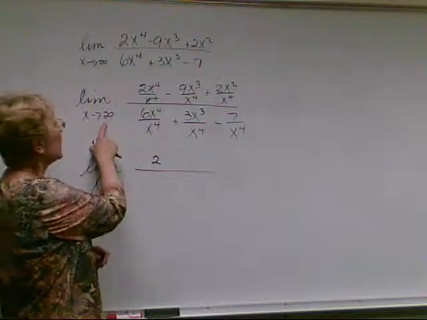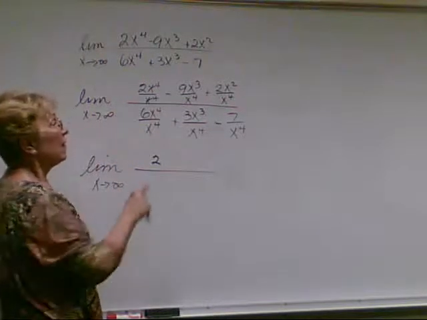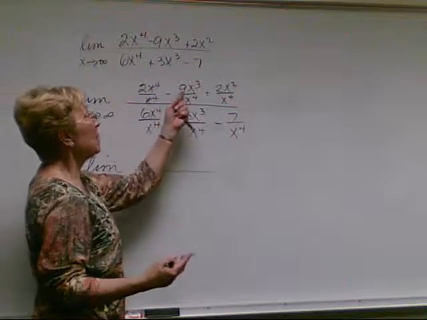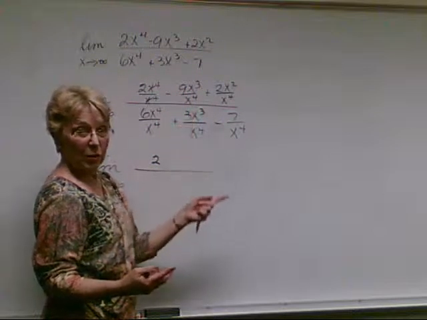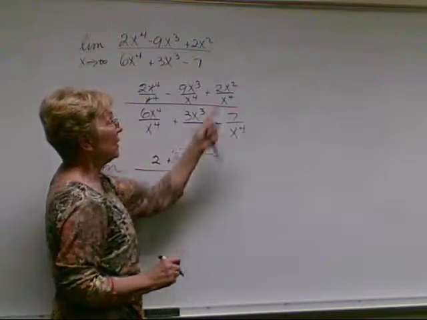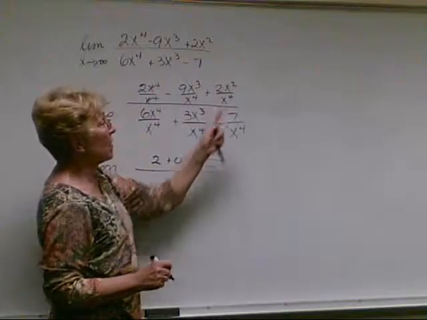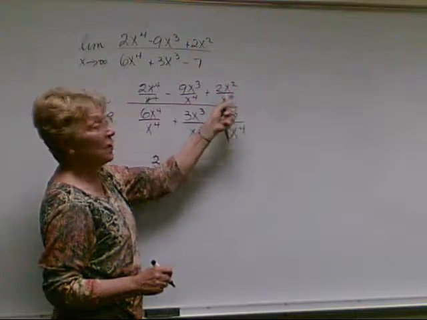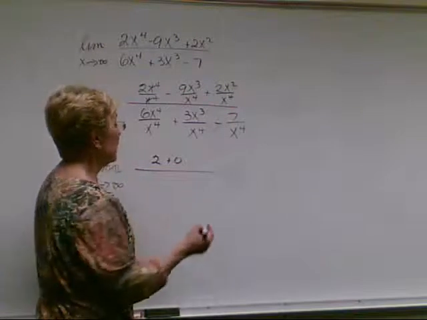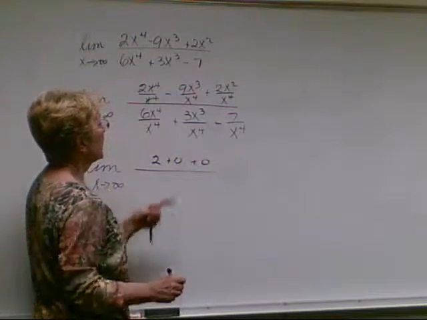Well, as x gets really, really large, the denominator is going to overshadow the numerator. So a small number divided by a much larger number is getting pretty close to 0. More so here, because it's going to be 2 divided by x squared, x getting the size of the national debt. It's going to be pretty much 0.